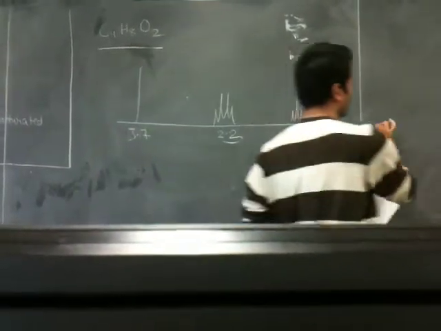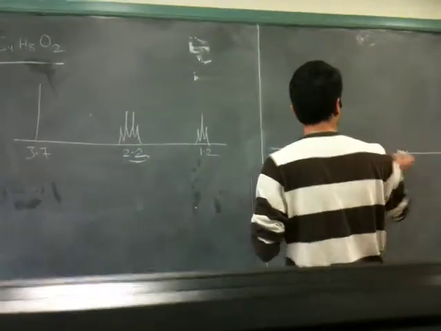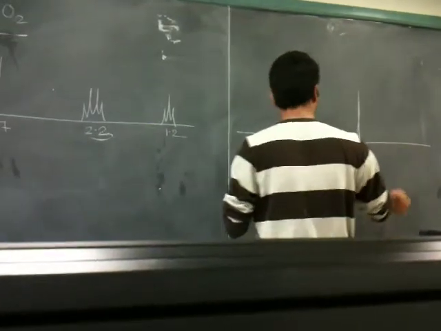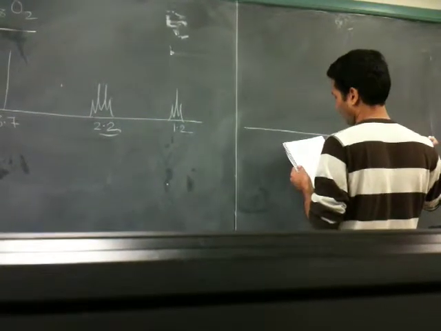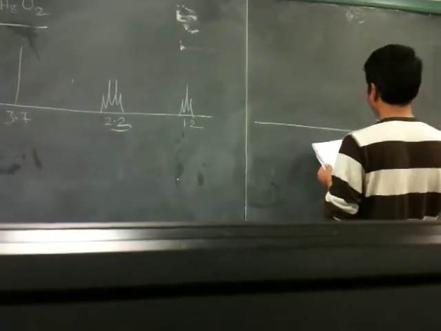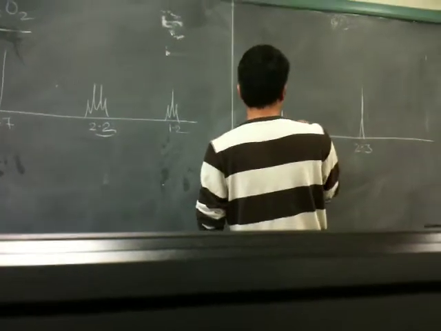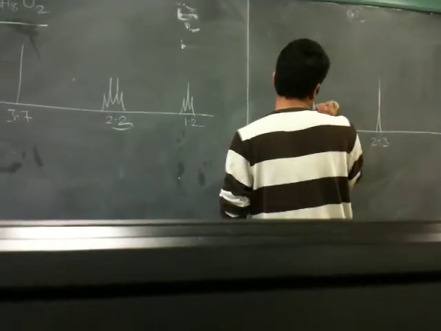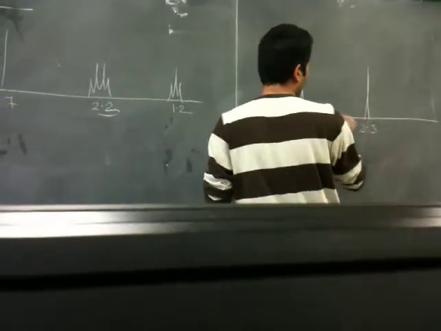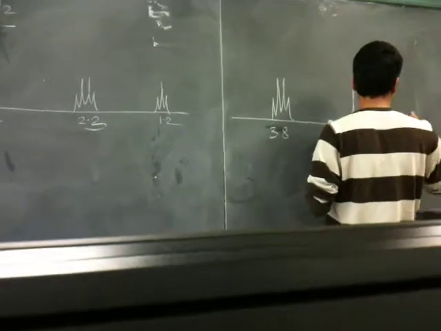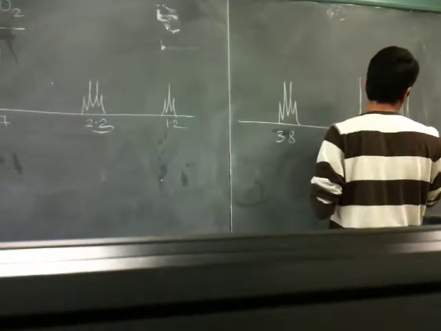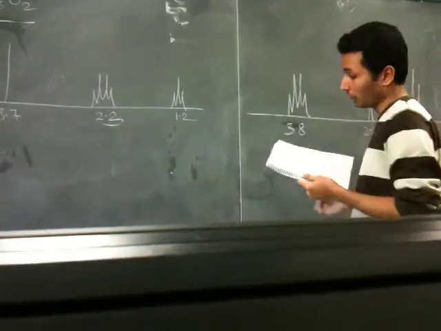The second one was a singlet at 2.3, and a quartet at 3.8, and a triplet around 1.5 or 6, I don't remember exactly.